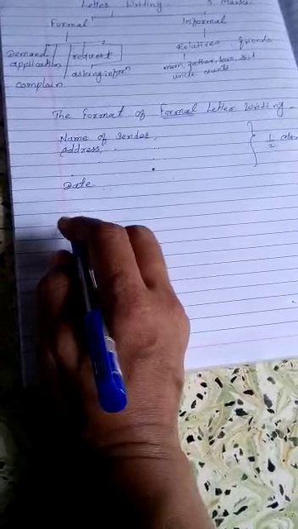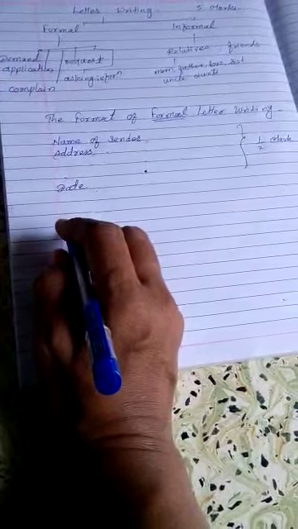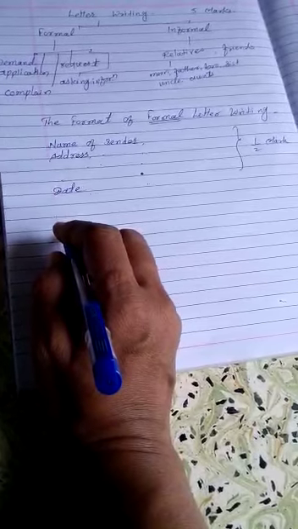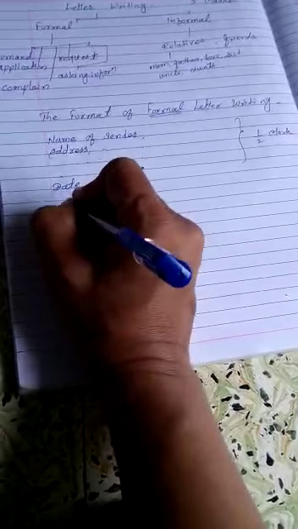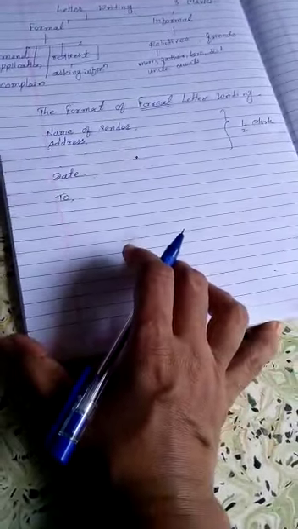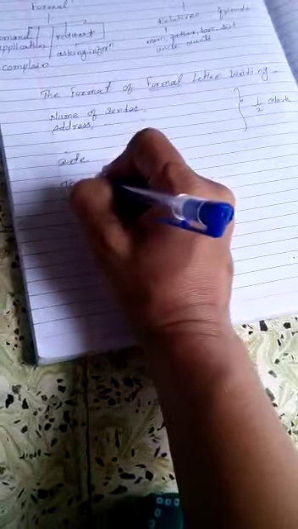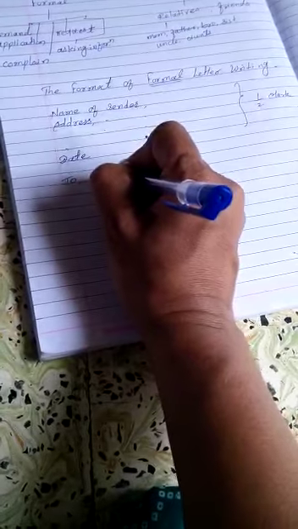Then as it is a formal letter, we have to write the address of the addressee, means to whom we are writing the letter, that is To, or we can call the recipient.